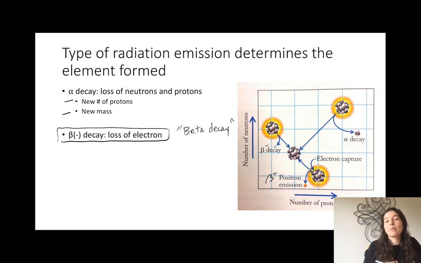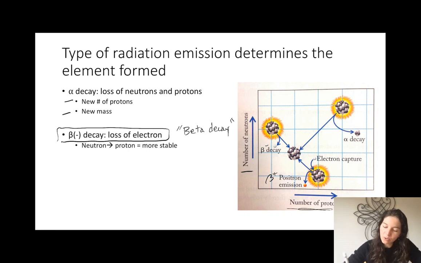So beta decay is when you lose an electron. Now that might not seem intuitive because we're talking like neutrons here and protons here. So what do electrons have to do with it? What this does is it gives the atom more energy and allows it to convert a neutron to a proton in order to make it more stable.